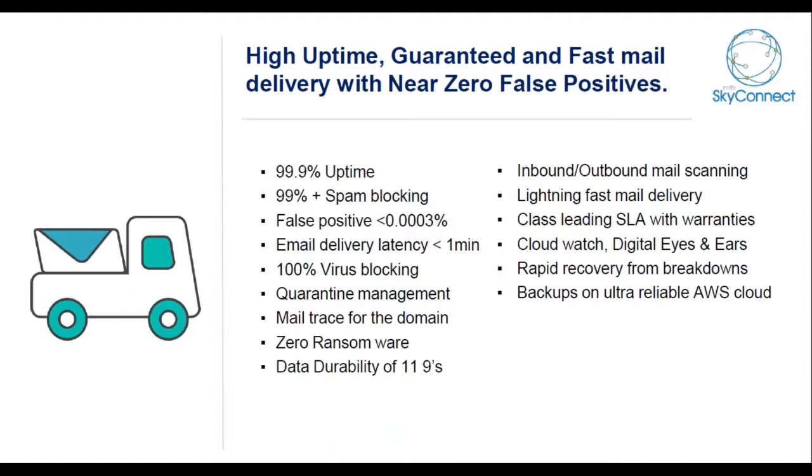So that's what we are offering. The second biggest concern, because it affects all the users, is spam blocking and virus control. The third is performance. These performance and availability aspects are the main building blocks, which are a must, a given, and which is what we are providing with Mithi SkyConnect.